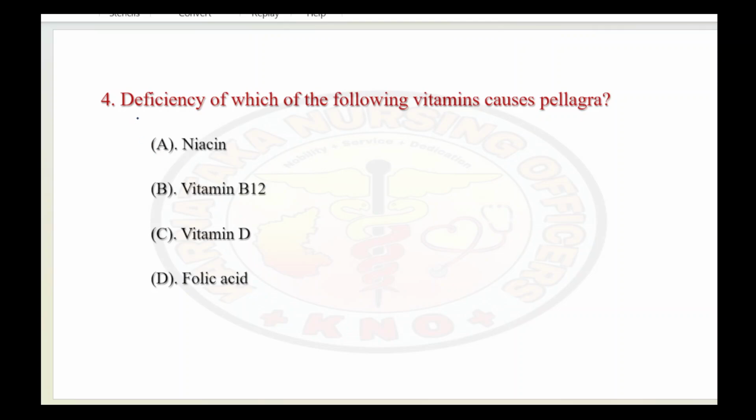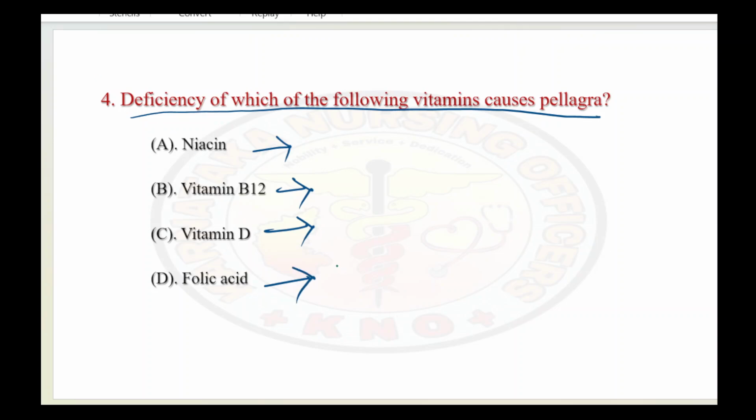So next question. Deficiency of which of the following vitamins causes pellagra? They are asking you regarding the deficiency of the vitamins. If there is deficiency of niacin, what happens? Deficiency of vitamin B12, what happens? For vitamin D and for folic acid, we have to see.